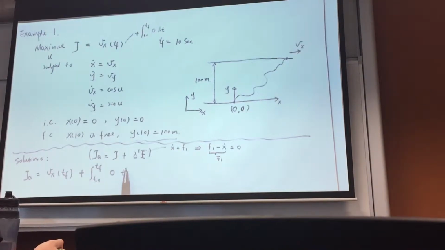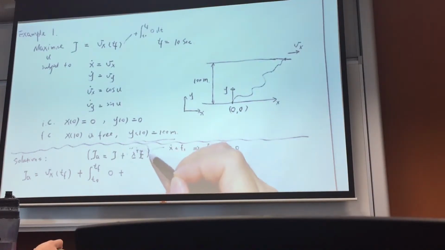Is that the idea? If you cannot remember this, I suggest you review the derivation that we did in the last lecture, to remember why we can augment the cost function: because this part is equal to 0 at the optimal value.